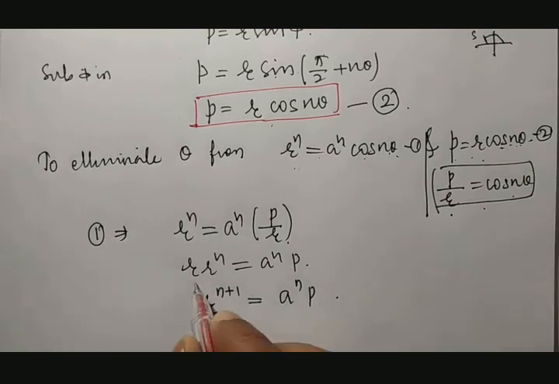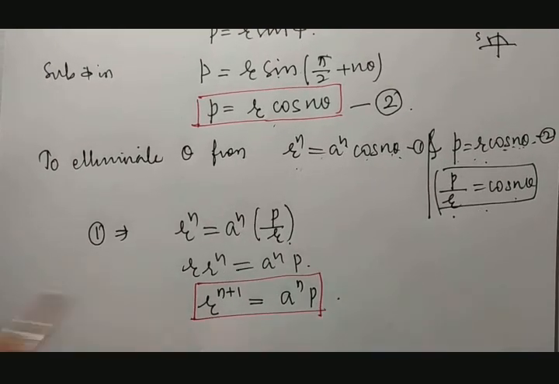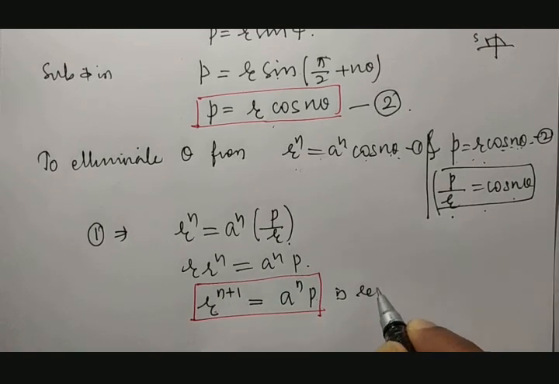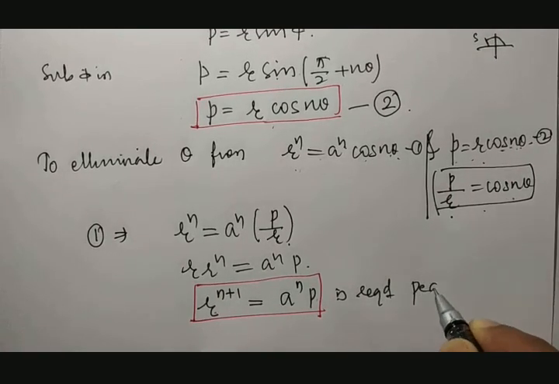You can see this result. Is it not a relation between p and r without having θ? Got my point? I'll repeat. This is a relation between p and r without having any angle θ. Therefore, this is the required pedal equation.